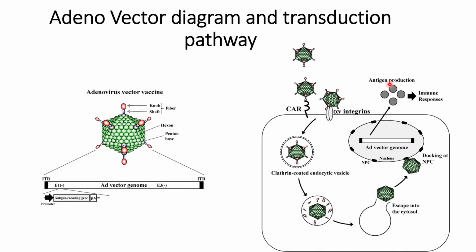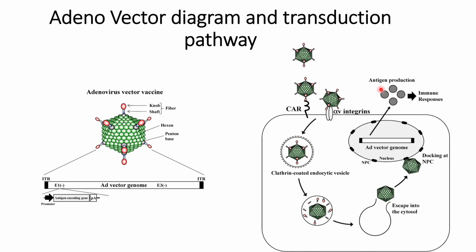This information can be provided into the extracellular matrix, where the immune cells will detect those non-self antigens and generate an immune response against them. The immune response generated by the immune system will be both the innate immune response and the adaptive immune response.